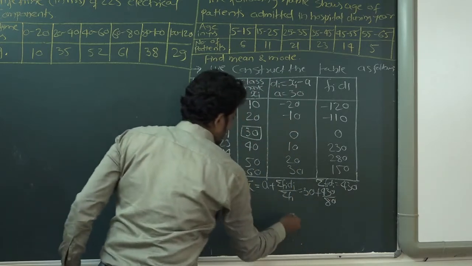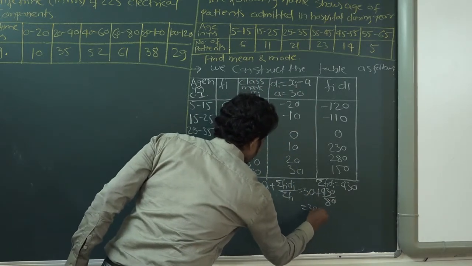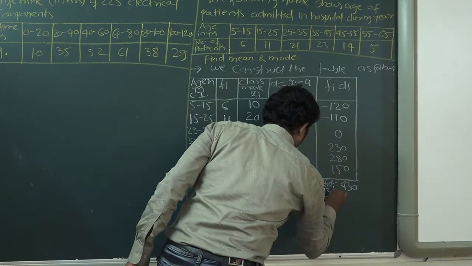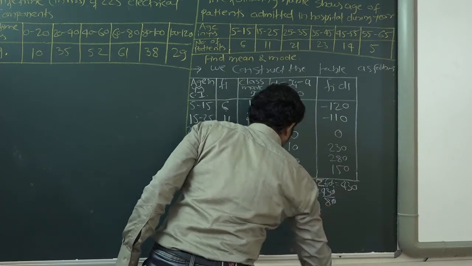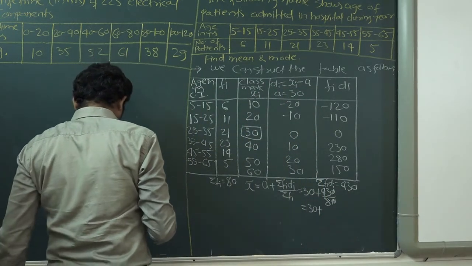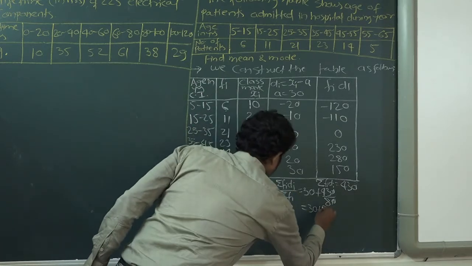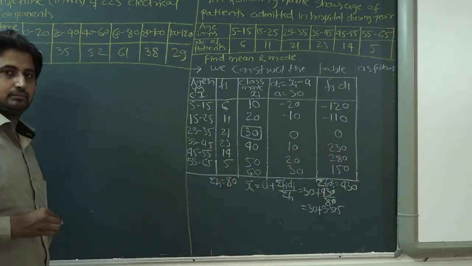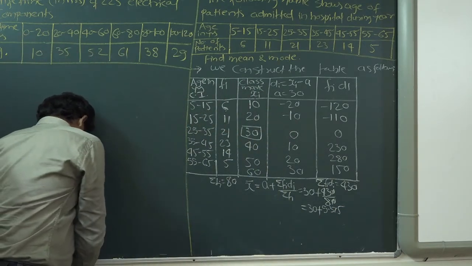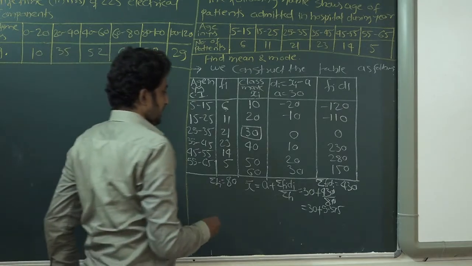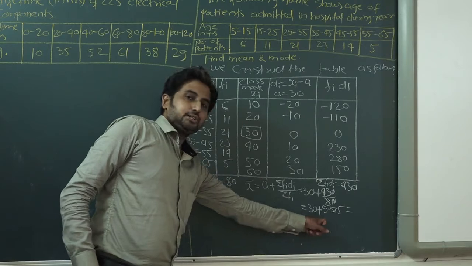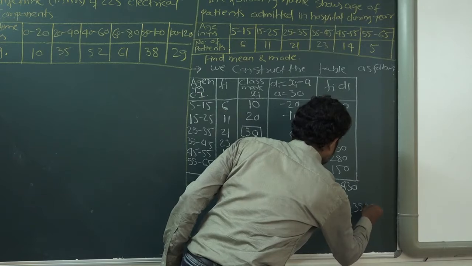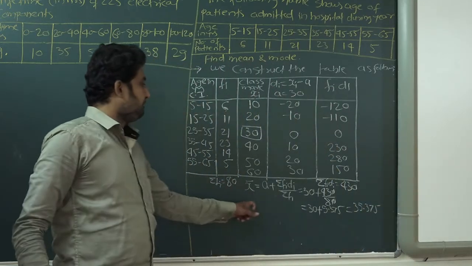That is 43 upon 8, that becomes 5.375. If you add these two, 30 plus 5.375, that becomes 35.375. That is the mean, dear students.